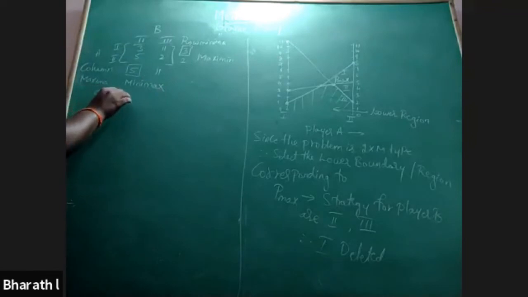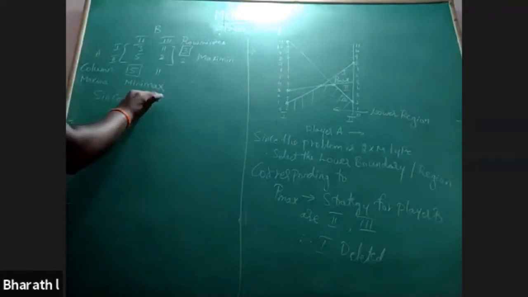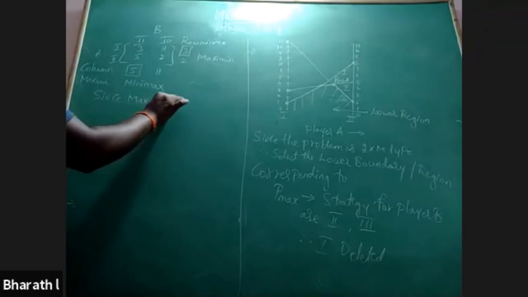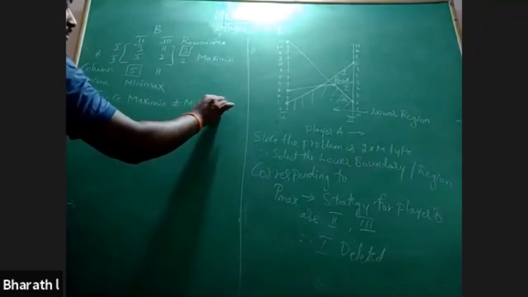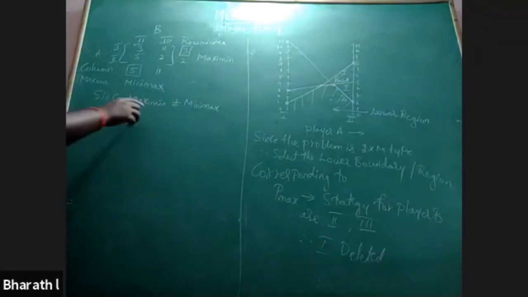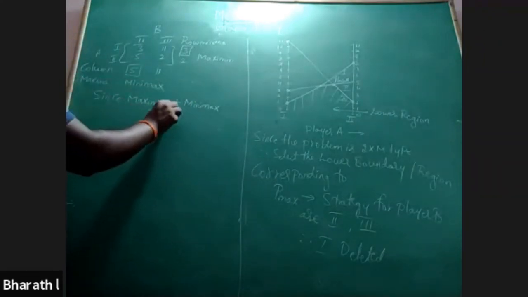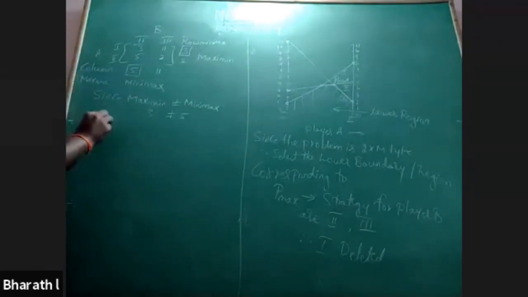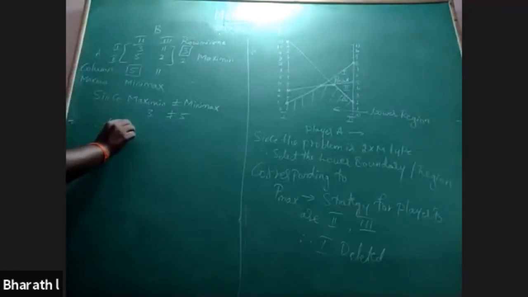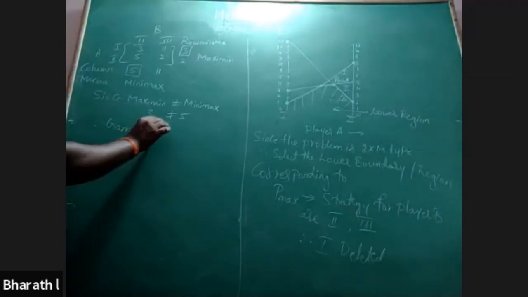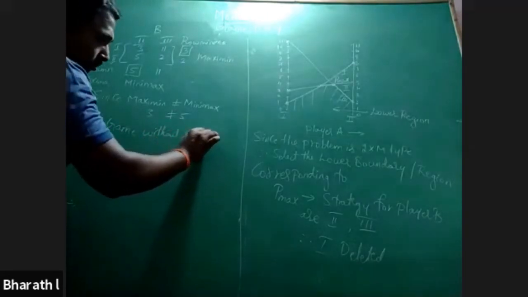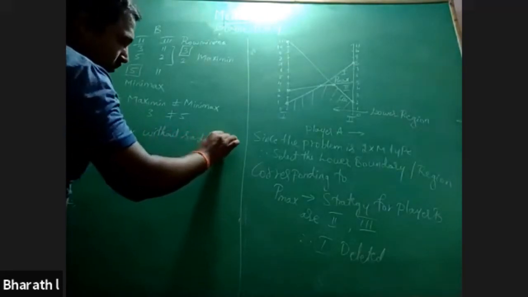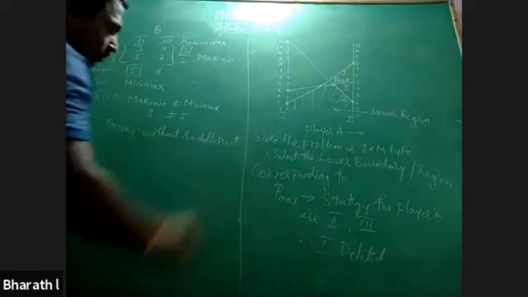Since maximin is not equal to minimax, the maximin value is 3 and the minimax value is 5. Therefore, it is a game without saddle point.